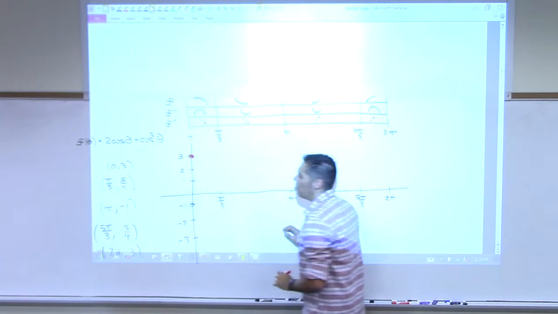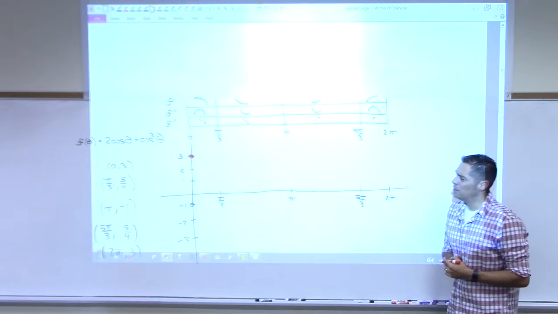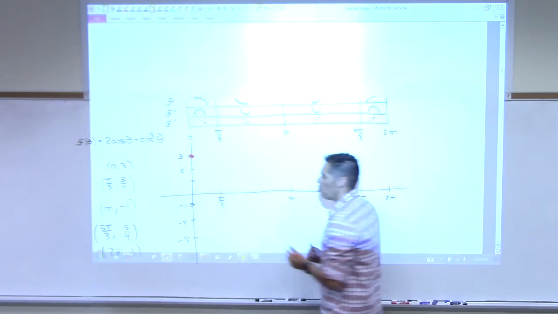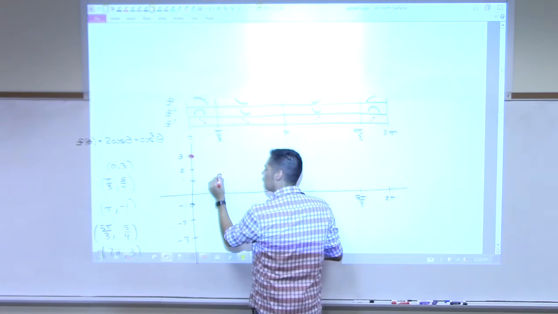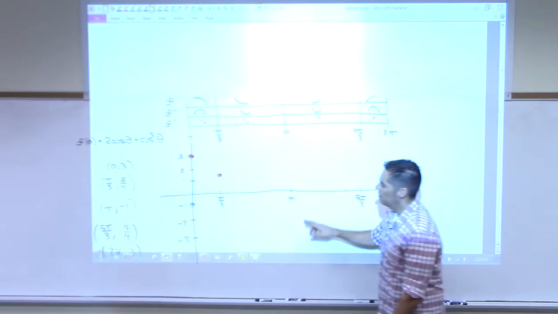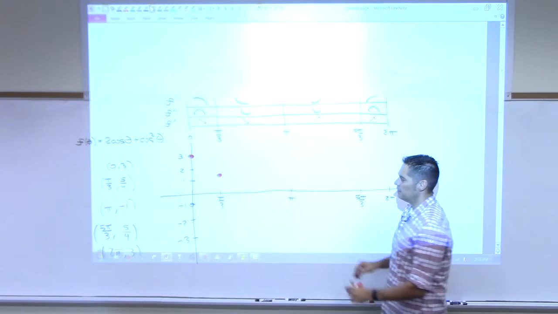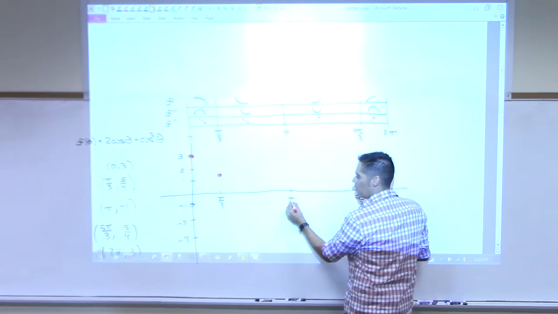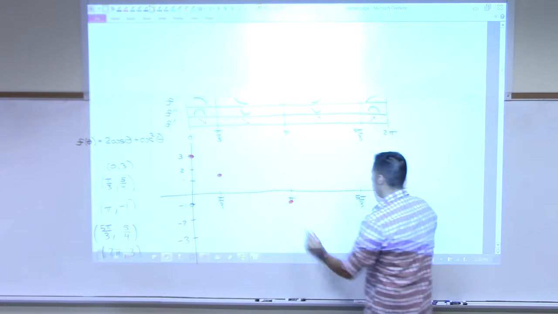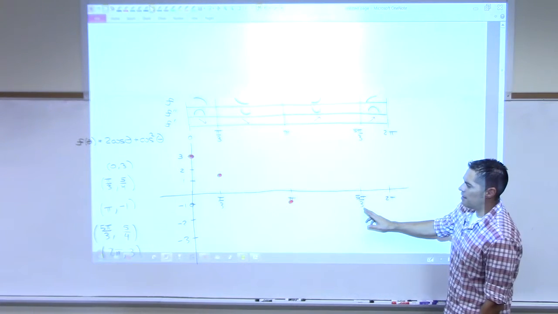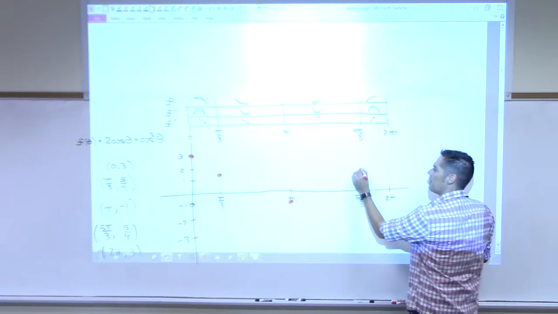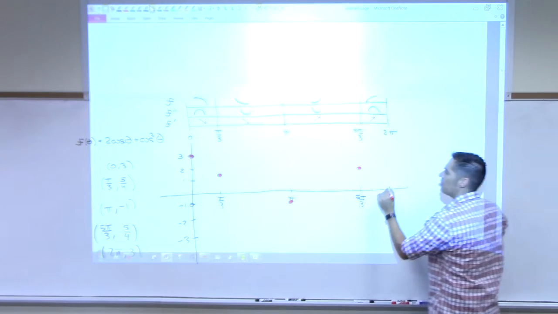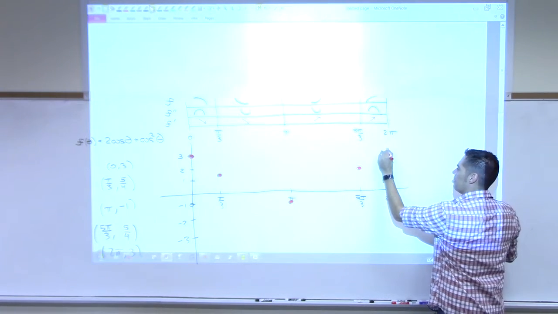At pi over 3, my function is at 5/4, which is 1.25. At pi, my function is at -1. At 5 pi over 3, my function is at 5/4 again, and then at 2 pi, it's at 3 again.